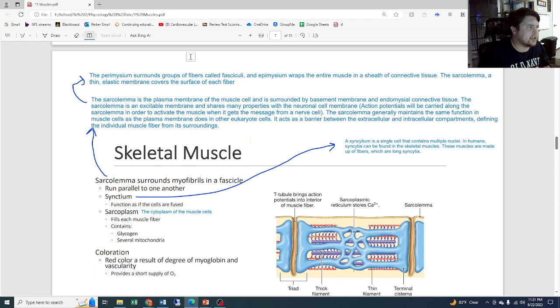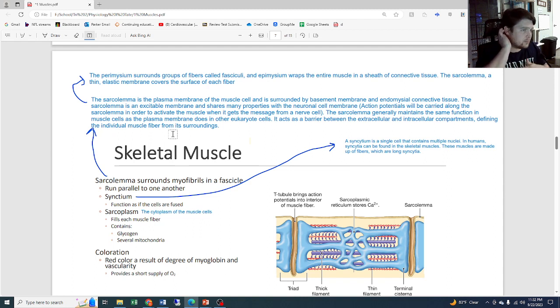And I added all this extra information here. The sarcolemma is the plasma membrane of the muscle cell and is surrounded by a basement membrane and endomysial connective tissue. The sarcolemma is an excitable membrane and shares many properties with the neural cell membrane.